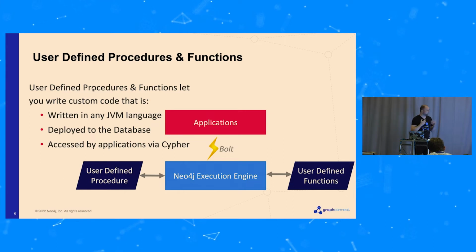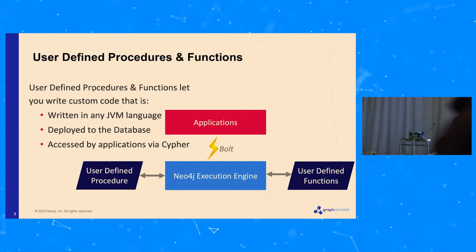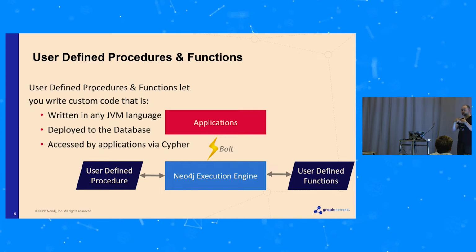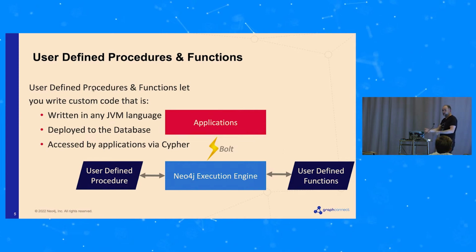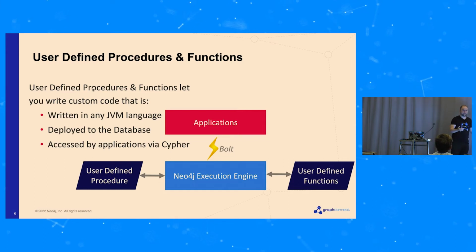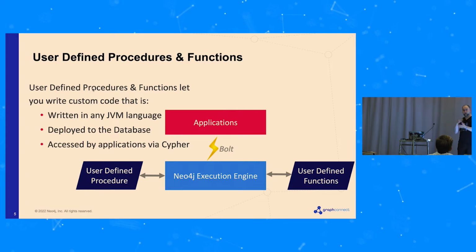And for me, user-defined procedures were also a good way of learning for certain functionality that didn't exist in Cypher. If you can quickly write a procedure, we don't actually need to change the language, which means changing the parser, the planner, the execution engine, and everything else, just to test out if a certain feature makes sense. Is it useful? How can it be used?